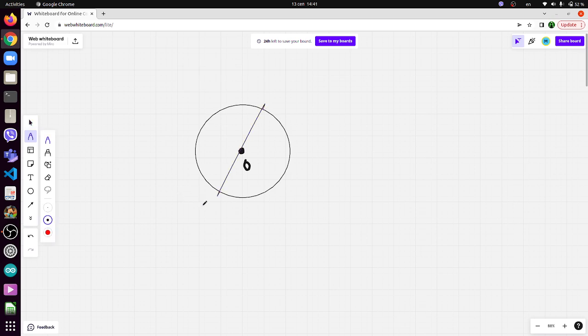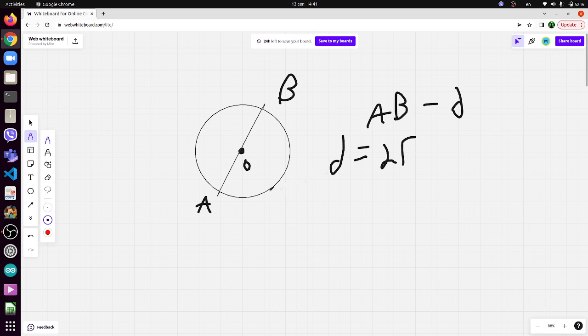Let's say it's AB, so AB is one diameter, D. Every circle also has a radius, and every radius is 1/2 of the diameter, so every diameter is 2 radiuses. The radiuses AO and OB are equal to 1/2 AB because they're radiuses.